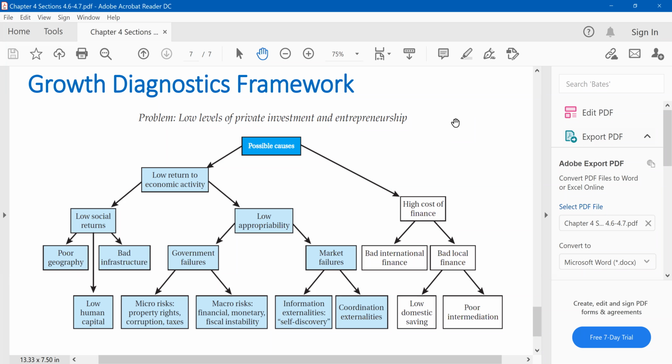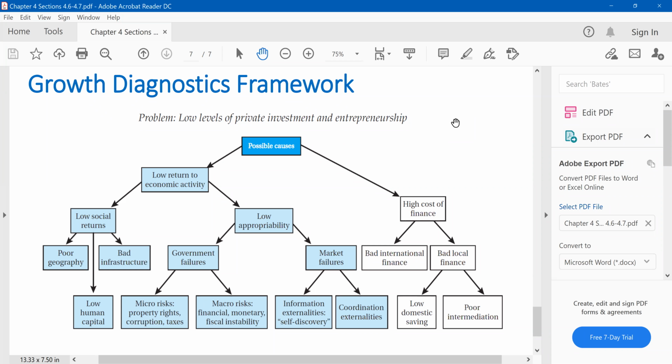That could be nice, for instance, if you think about Turkey, using this particular framework to explain Turkey's development problems. What are the reasons? Why? Which one of these is the most important, or which are the more important ones?